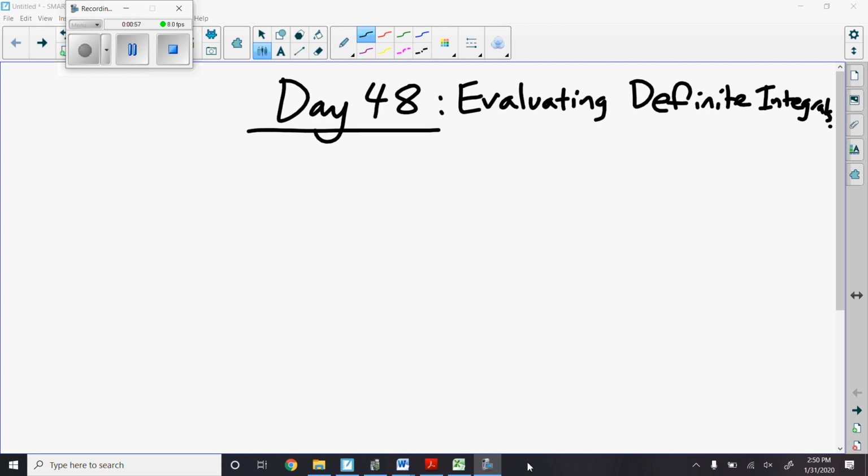So evaluating definite integrals is going to start with the fundamental theorem of calculus. It's actually part 2 of the fundamental theorem of calculus, but I like to look at it before we look at part 1. So here's what it is.